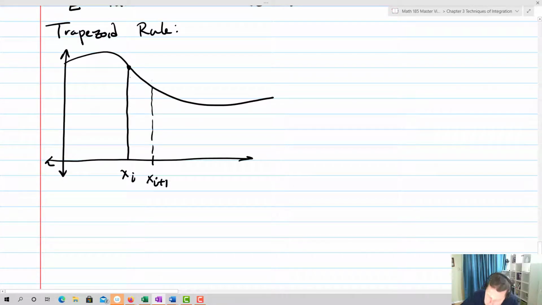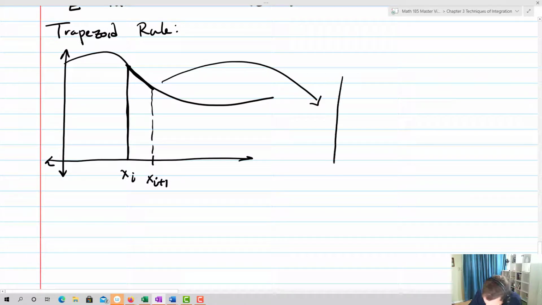And the best approximation would be if I created a trapezoid. Like if I kind of imagine what I just did right there, I took my left-hand value and then my right-hand value, and I constructed a trapezoid. That's it. Basically I imagine that I drew a line here that then gave me a better approximation.